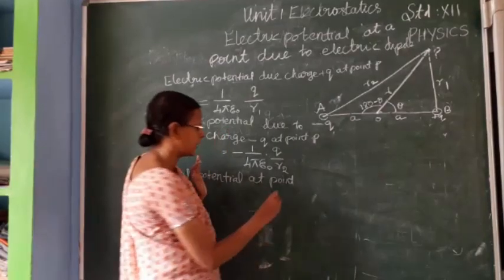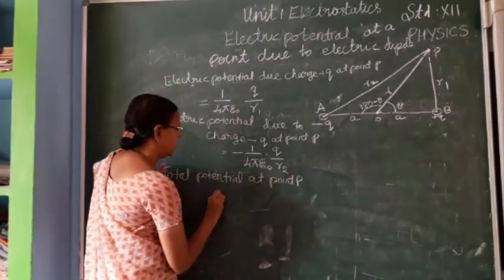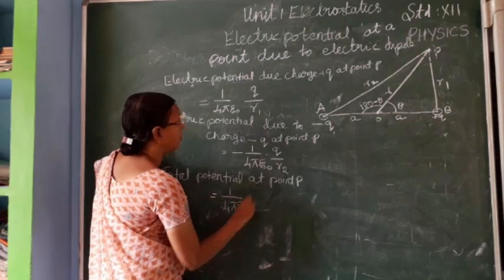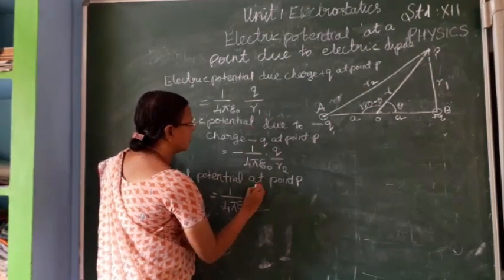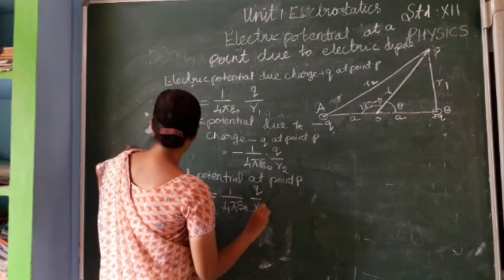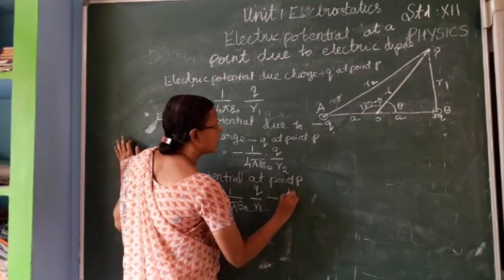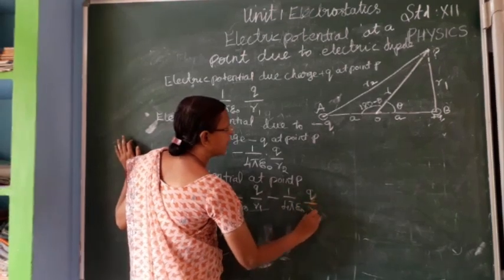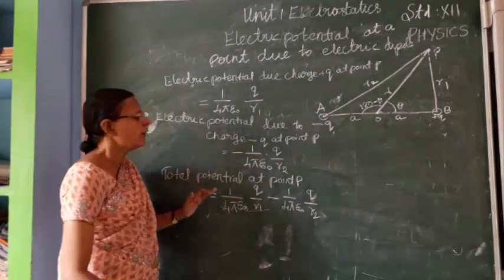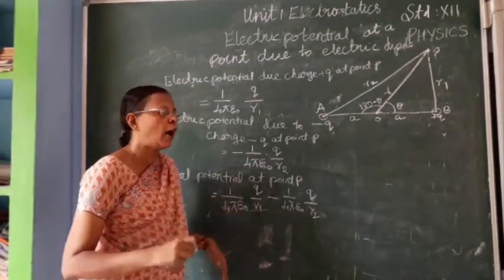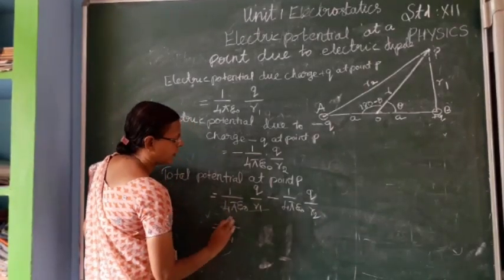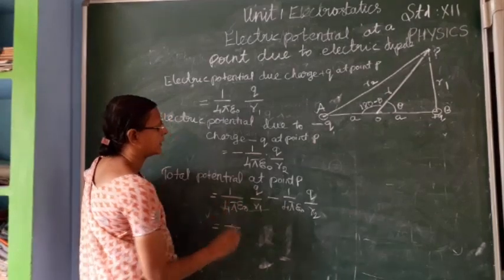Total potential at point P is equal to 1 by 4 pi epsilon 0 q divided by r1 minus 1 by 4 pi epsilon 0 q divided by r2. Both we have to add. Here, which are the common terms that we have to take outside? We will take outside q and 1 by 4 pi epsilon 0 as common.